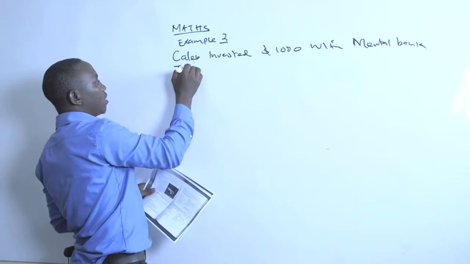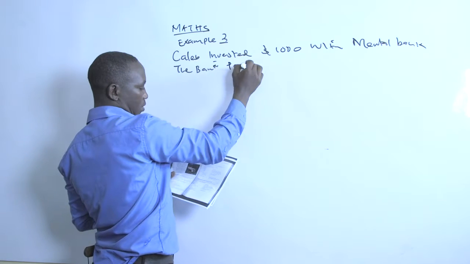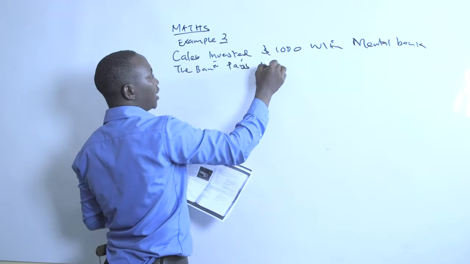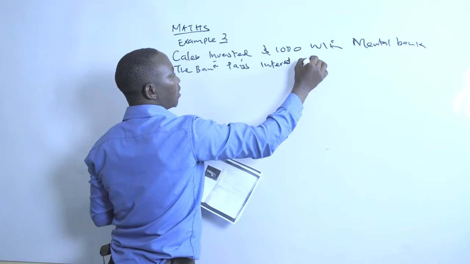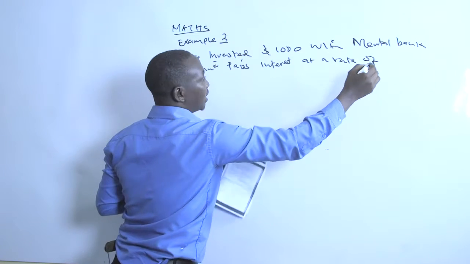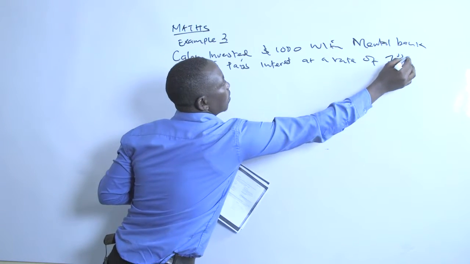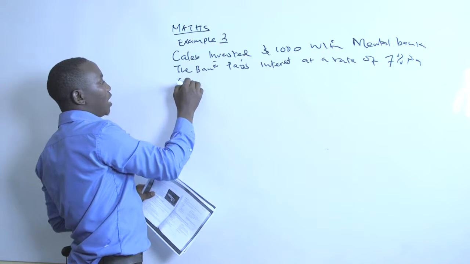The bank pays interest at a rate of 7% per annum, compounded annually.